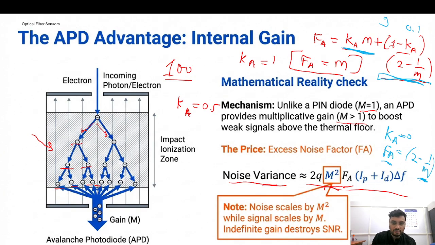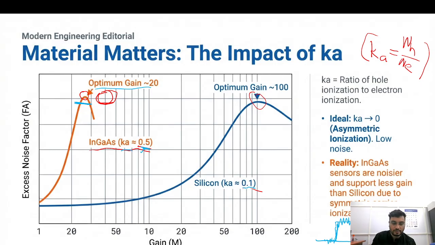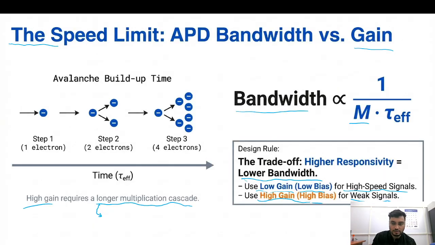Okay, bandwidth, if you want to increase, then you need to compromise with the gain. It's inversely proportional, not directly proportional. You can see here gain is inversely proportional to the bandwidth.